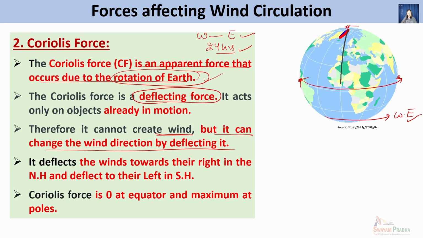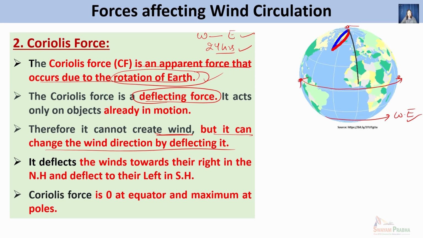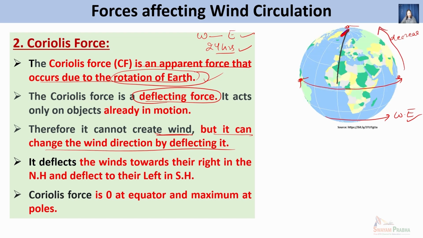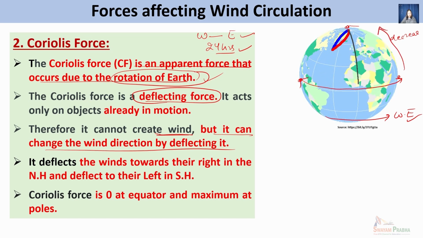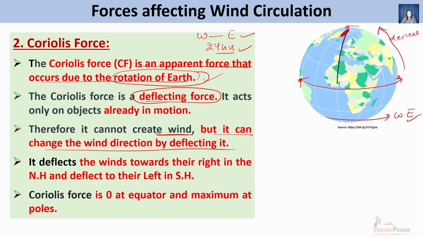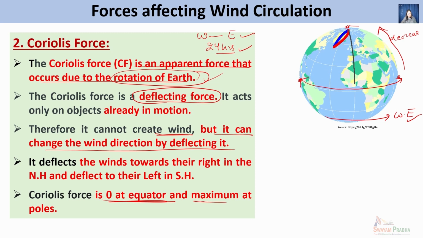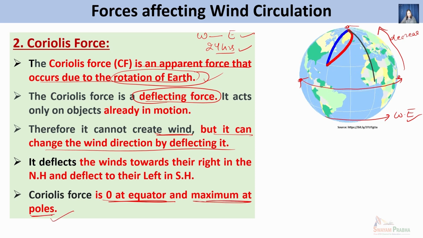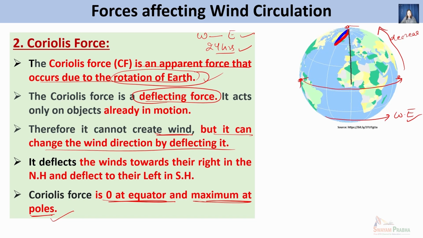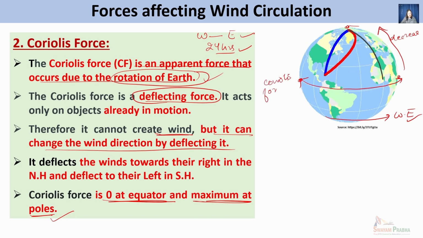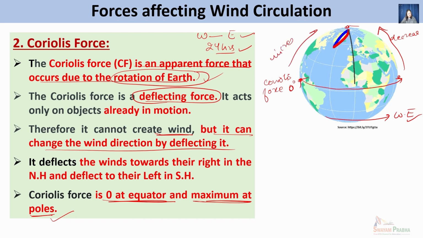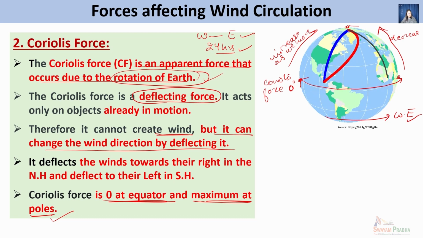So the rotation speed of Earth is highest at the equator and it decreases as you move poleward, because of which the Coriolis force, as it is directly proportional to the angle of latitude, is zero at the equator and maximum at the poles. Because at the equator the forces cancel out each other, hence the Coriolis force at the equator is zero and it increases as we move towards the poles.